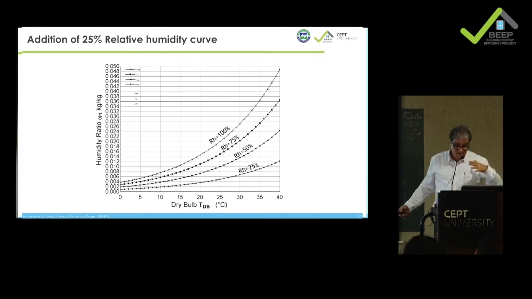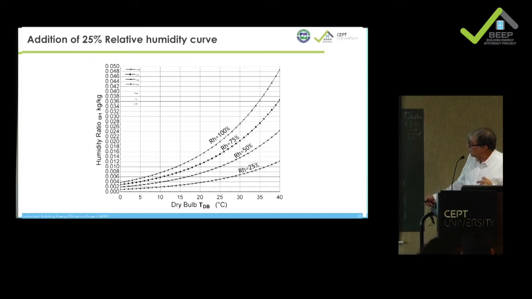If you go along this line, this is 25%, you can divide this by 4 and you are here. So all these curves are in relation to this one. This is the relative humidity, the feeling you have. When it's dry, you are here. This is extremely dry and hot weather. And this is typically Mumbai.